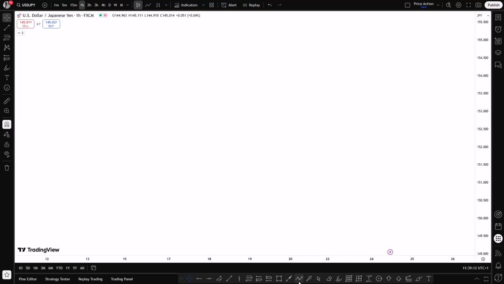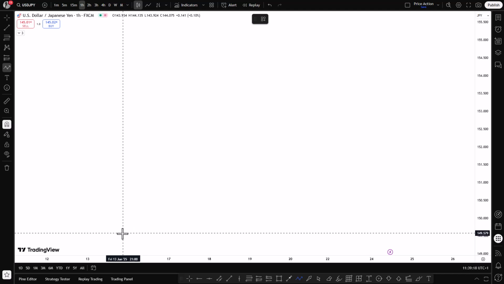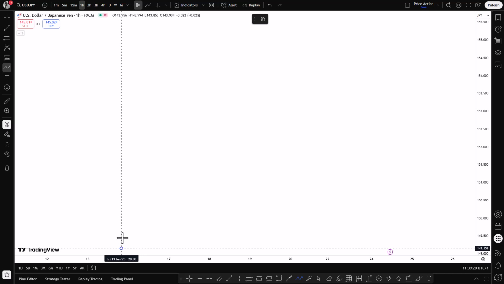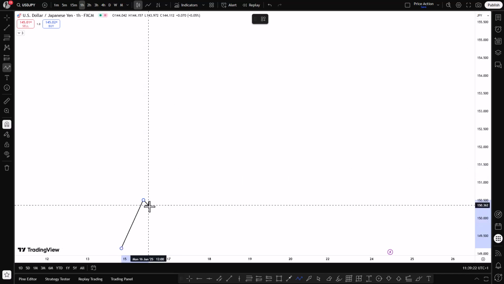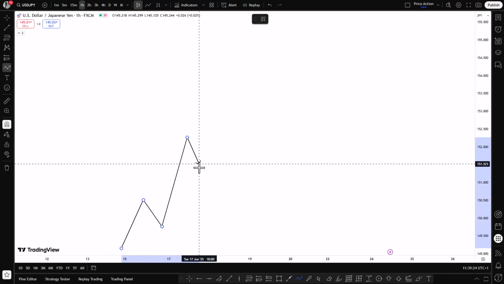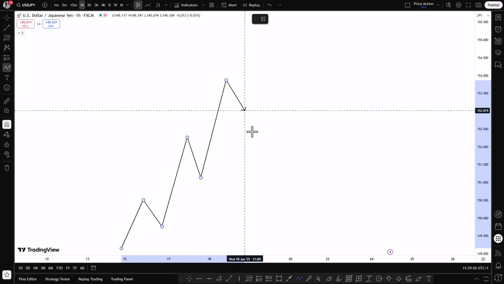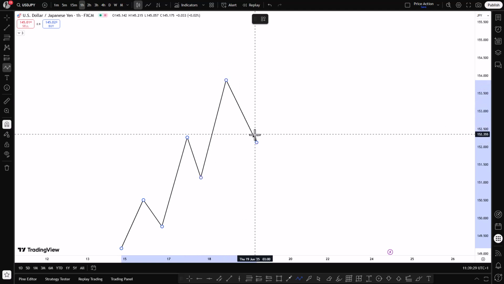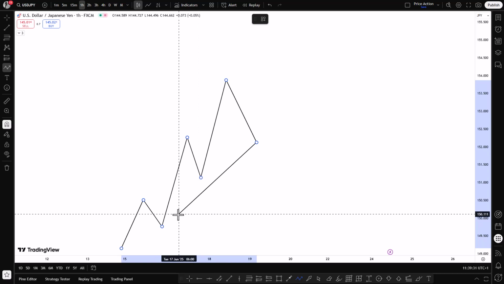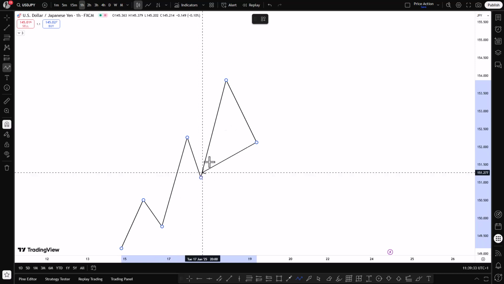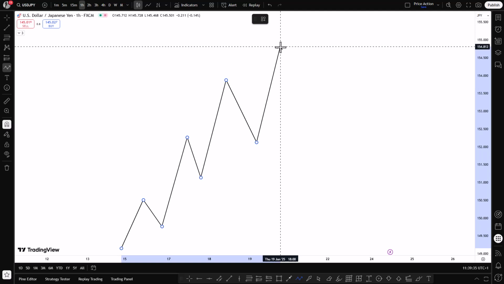Let's say that price is in an uptrend, just like I showed you with an example here. Let's use a picture perfect example to help you understand it better. Let's say price is forming higher highs, higher lows, higher highs, higher lows, higher highs, and higher lows. The theory is that trends don't last forever, and if they did, price would continue forming higher highs and higher lows indefinitely.